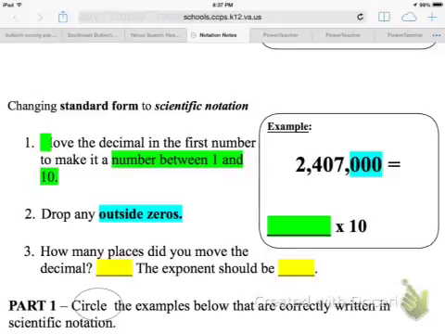So let's look at the vice versa. Let's look at going from standard to scientific. What you're going to do is take your number and find your decimal. Now, if your number is a whole number, you know that your decimal is at the end. You're going to have to adjust your number until it forms a number between 1 and 10.